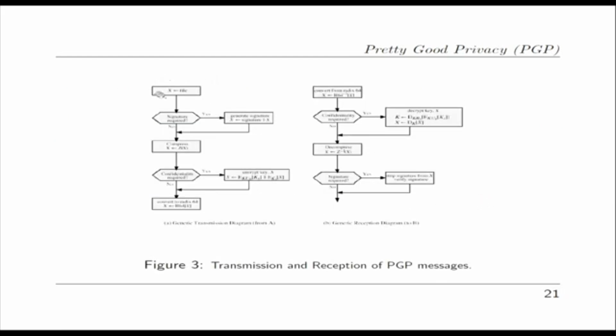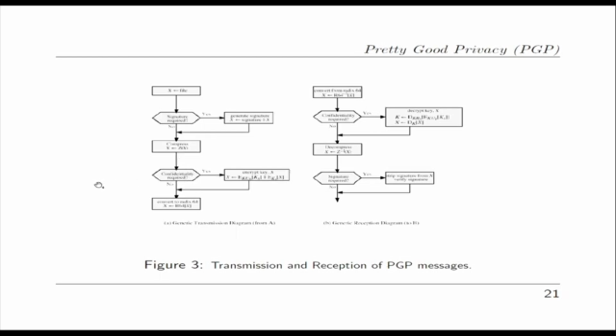Suppose X is the file which needs to be sent. Is the signature required? If no, then we go for the compression. If yes, we generate the signature, put the signature and the original message together, and then go for the compression, because the signature is done before compression. After compression we ask for confidentiality.